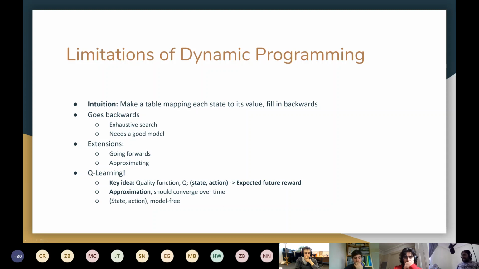Note that because we're looking at pairs of states and actions you could take from that state, this is what's called a model-free reinforcement learning algorithm. You don't have to understand what's going to happen after you take an action. Like, I don't have to know the rules of chess and say that when I move my pawn 2 steps forward, then I'll get a chessboard where the pawn is 2 steps forward. I can just output the action and the environment will tell me what happened.